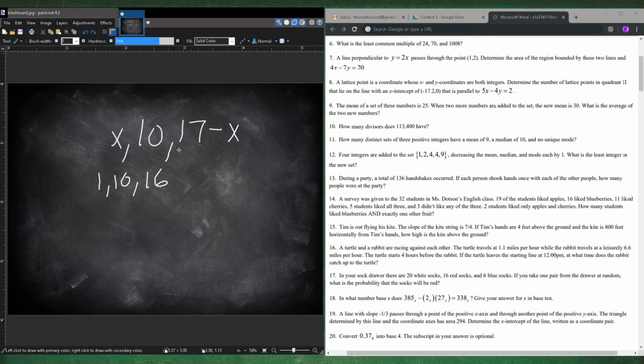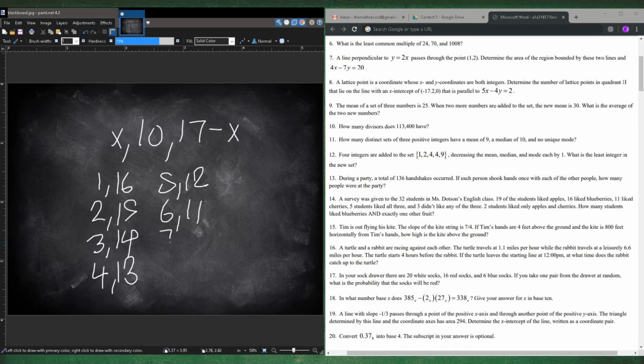We just have to look for x and 17 minus x. So we have 1 and 16, 2 and 15, 3 and 14, 4 and 13, 5 and 12, 6 and 11, 7 and 10, and 8 and 9.